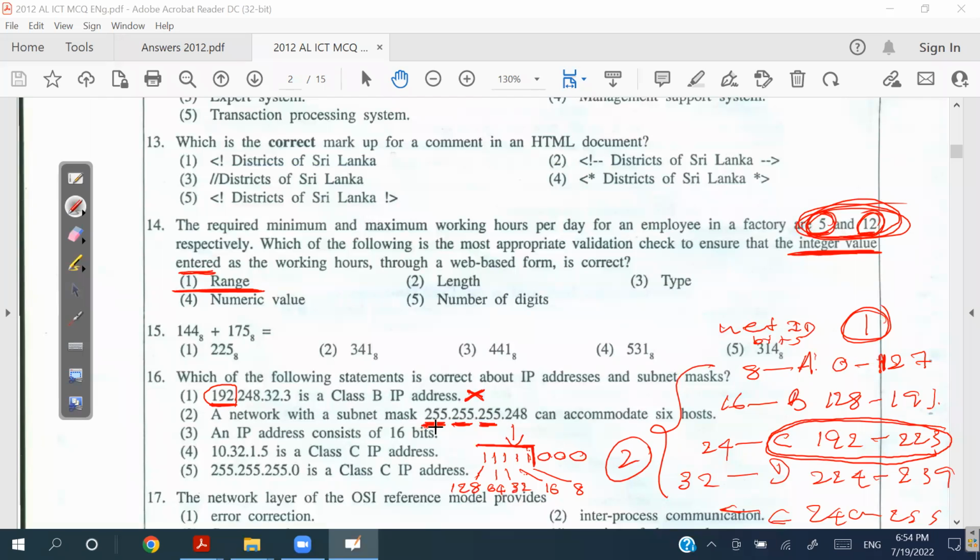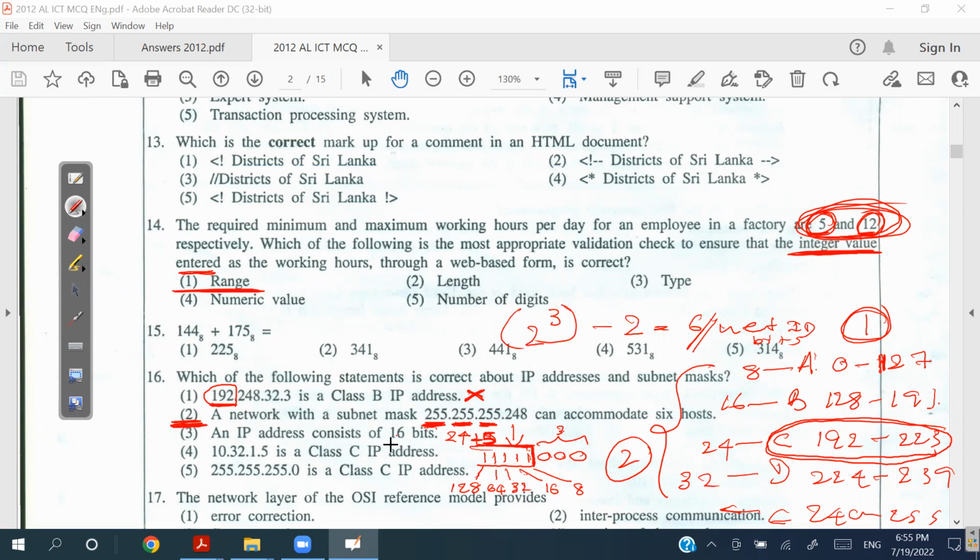So there are 24 bits plus 5 bits, meaning 29 bits for the net ID. So for the host ID, there are 3 bits. If the host ID contains 3 bits, the number of hosts that can be connected is 2 to the power 3 minus 2, that means 6. That means the second one is correct. A network with this subnet mask can accommodate 6 hosts, which is correct.